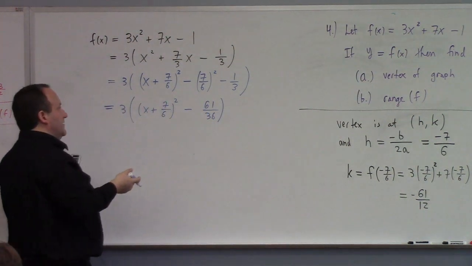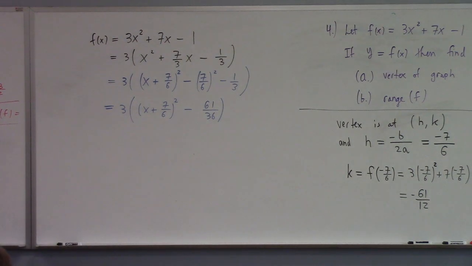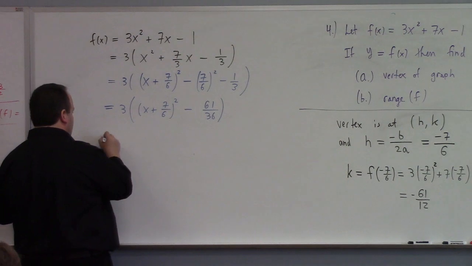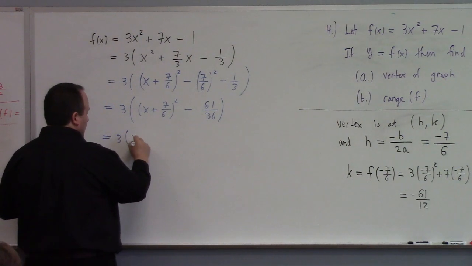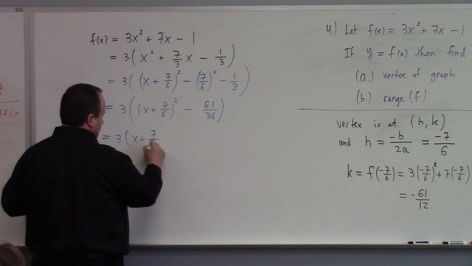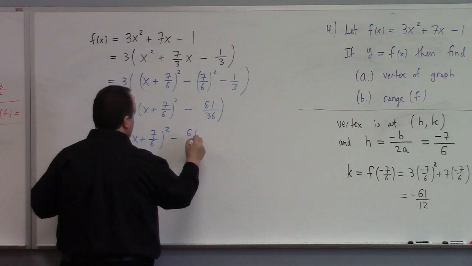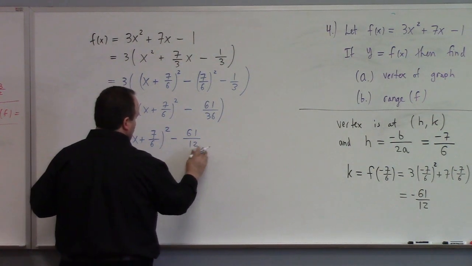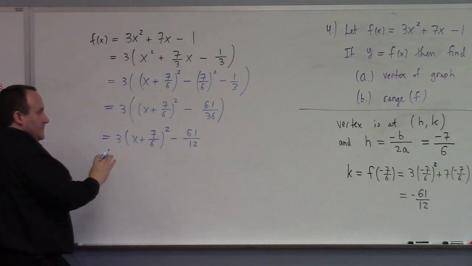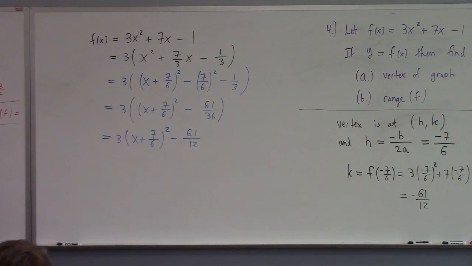Now it depends on what you're after here. If you want to see the vertex form, we just multiply this out. We've got 3 times x plus 7 over 6 quantity squared minus 61 over 12. How did I get that? When I multiply 3 times 61 over 36, I have 3 over 36, which is 1 over 12.